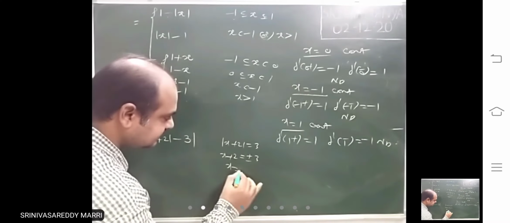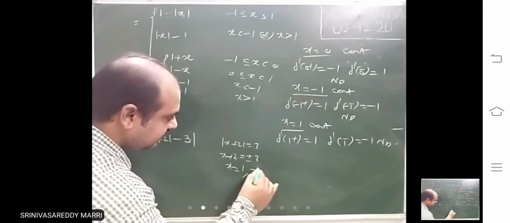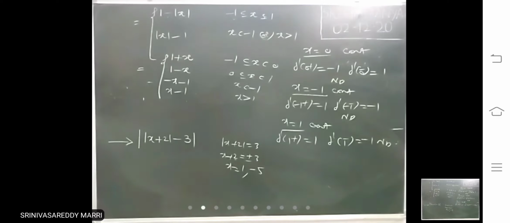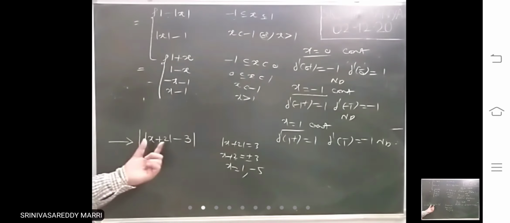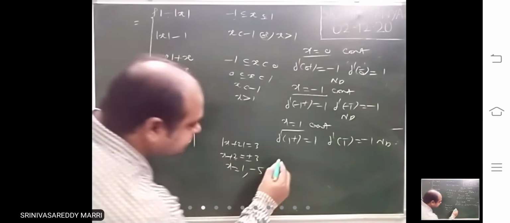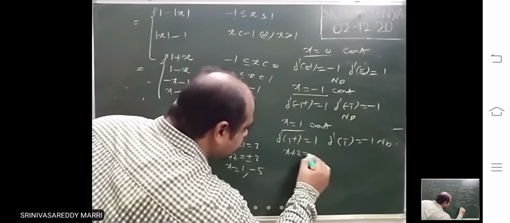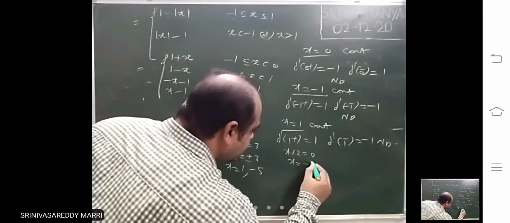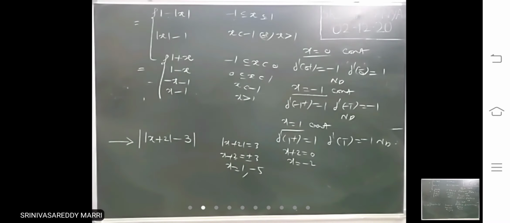If you take plus 1, minus 5, 2 points, then inside one more modulus is there. So these are the 3 points at which it is not differentiable. You can proceed in this manner. General method is directly you can write like this, not differentiable.